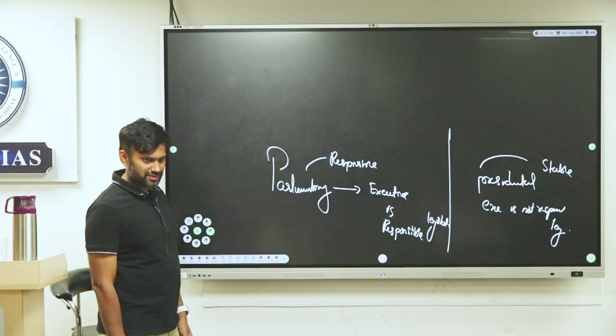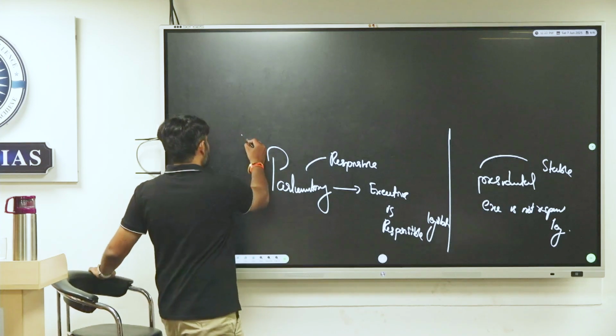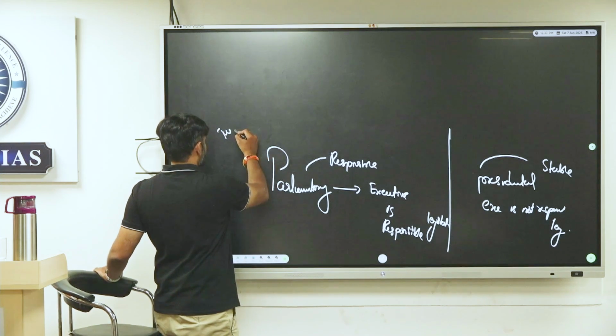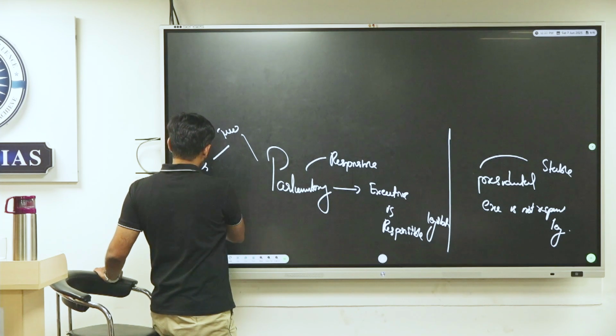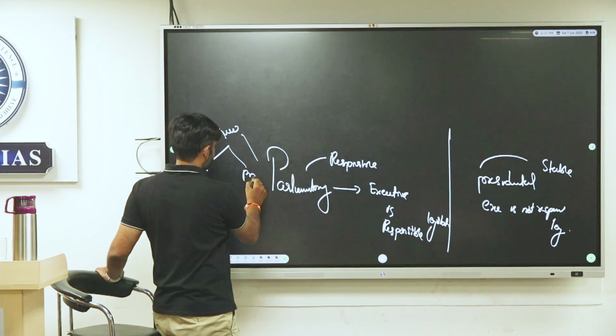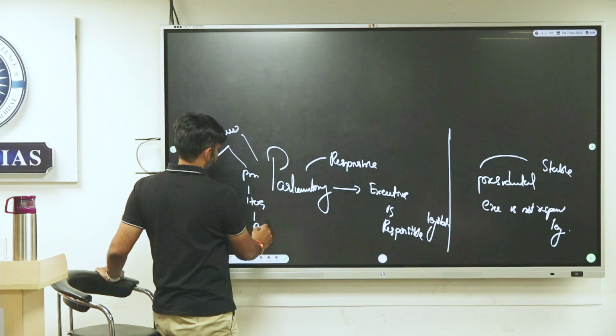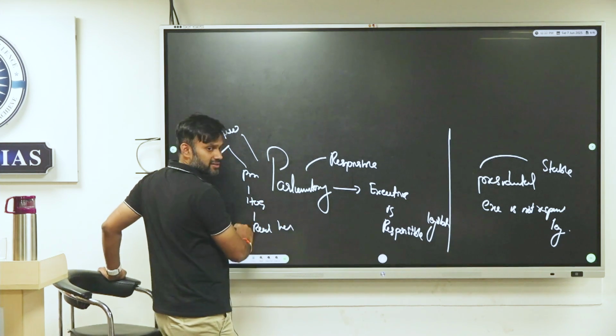There are other differences. In a parliamentary system, you have two heads. The president is the head of the state, the nominal head, whereas the PM is the head of the government, the real head.